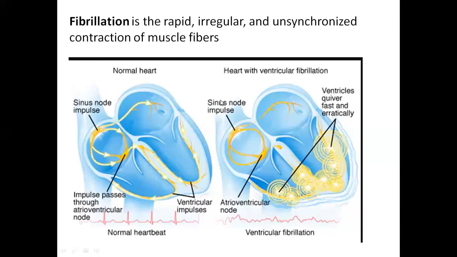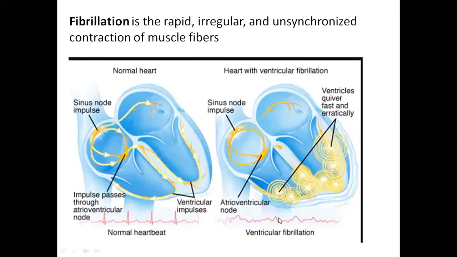From the sinus node the impulses travel to the atrioventricular node, and from there they are improper. The ventricles move fast and erratically, producing these variations in the contraction of the heart muscles, and we get a ventricular fibrillation waveform like this.